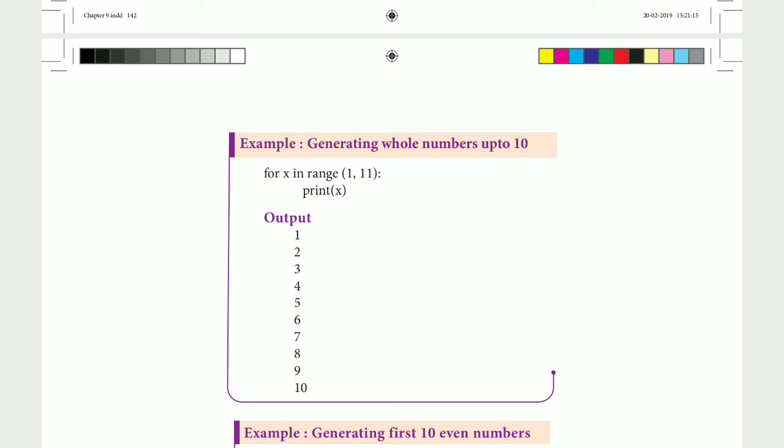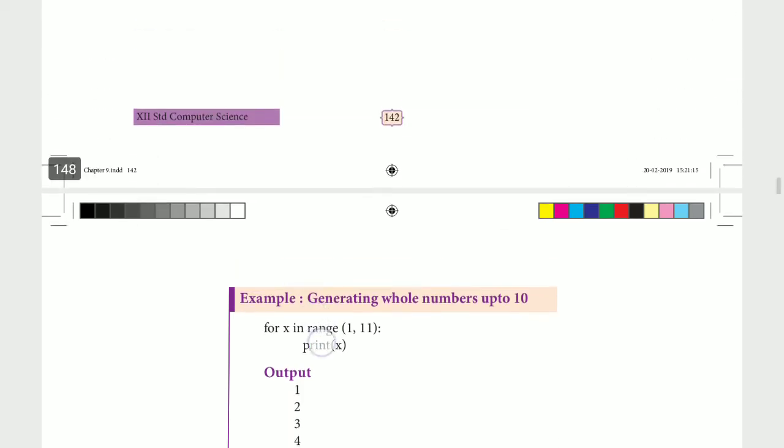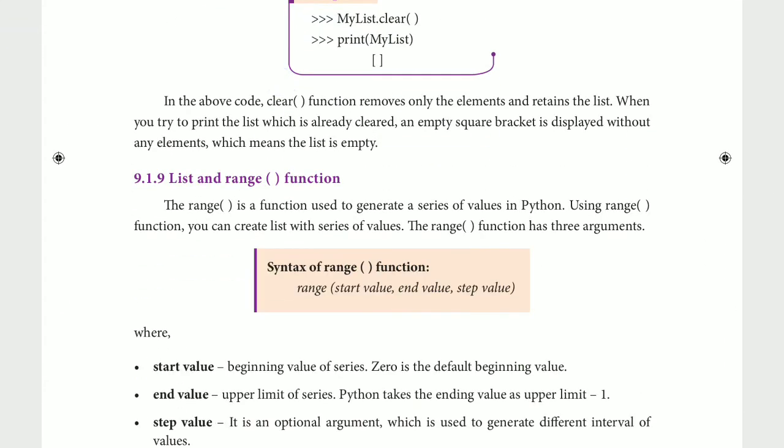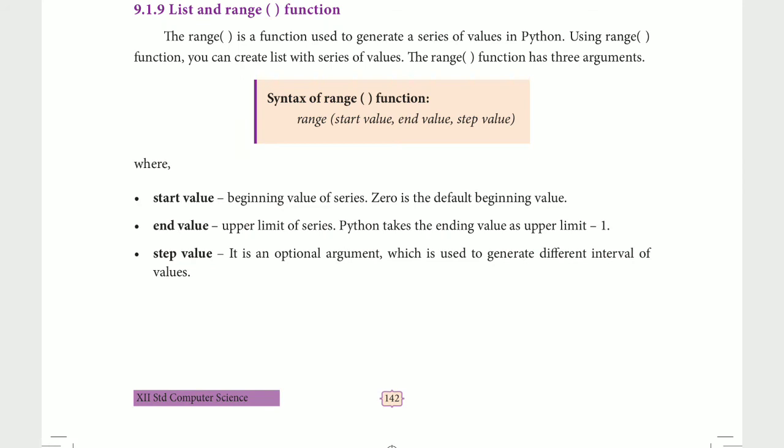So in any interval you can give this number. By using the range function you can create a sequence of numbers with the starting value, the ending value, and the interval. That third argument is the step value.